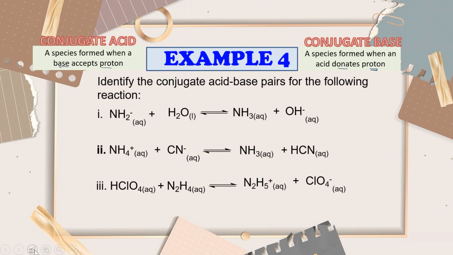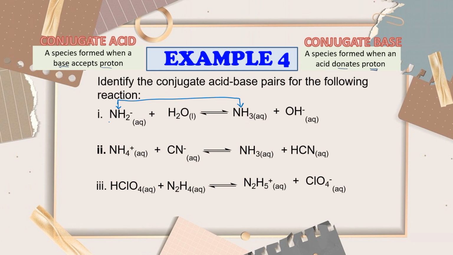First of all, you have to find the pairs. NH2 minus pairs with NH3. From NH2 minus, it now becomes NH3.